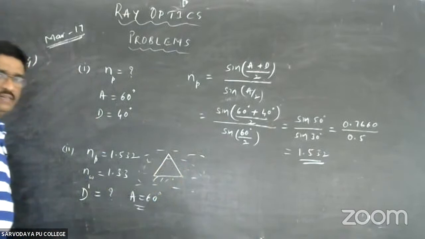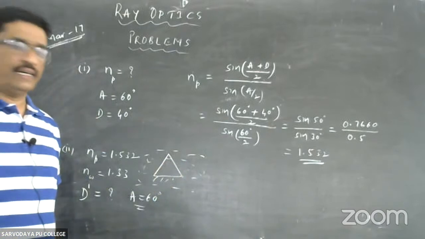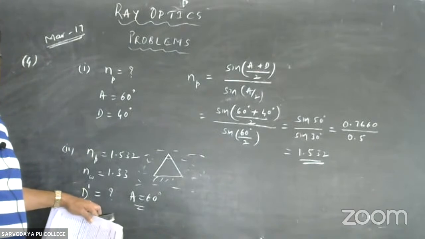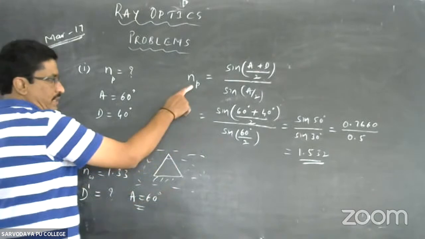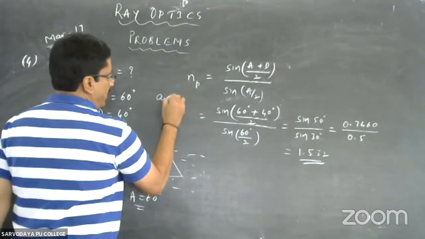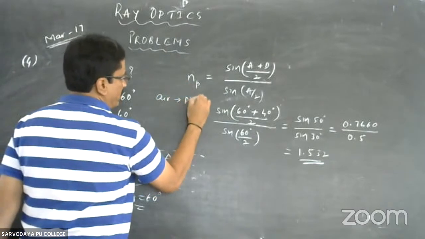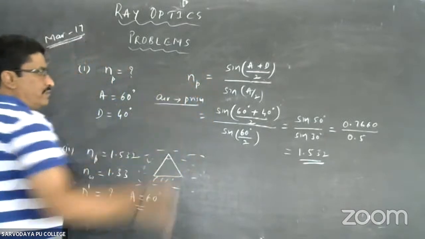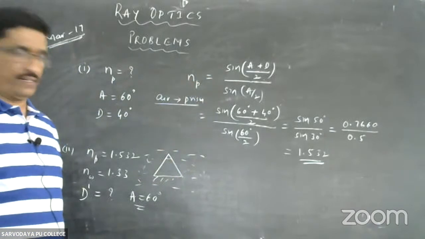No change in the angle of the prism. The prism is immersed, but A is the same. D dash has to be the new one. Here, if you observe, earlier the light was traveling from air to the prism, so we considered only the refractive index of the material of the prism with respect to air.